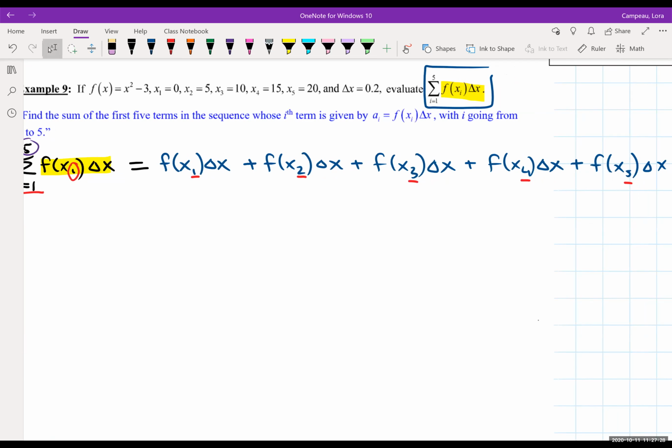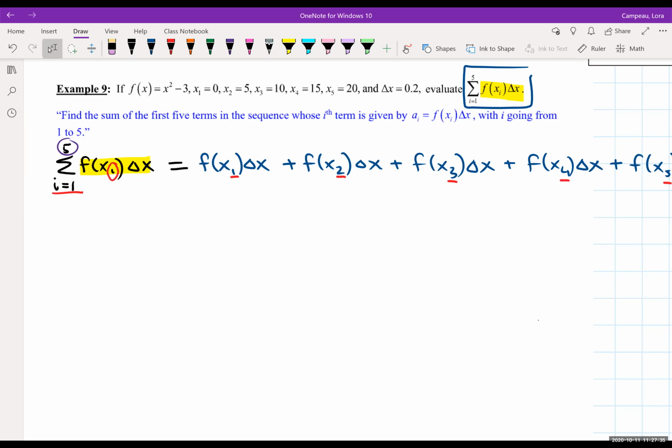Once you understand that, you have to figure out, well, who is f of x? Let's find it. Aha, f of x is given by the formula x squared minus 3. Now, what I'd like to do for myself, I'll write it out expanded, but if you'd like to compute what is f of x sub 1, what is f of x sub 2, that could be useful too.